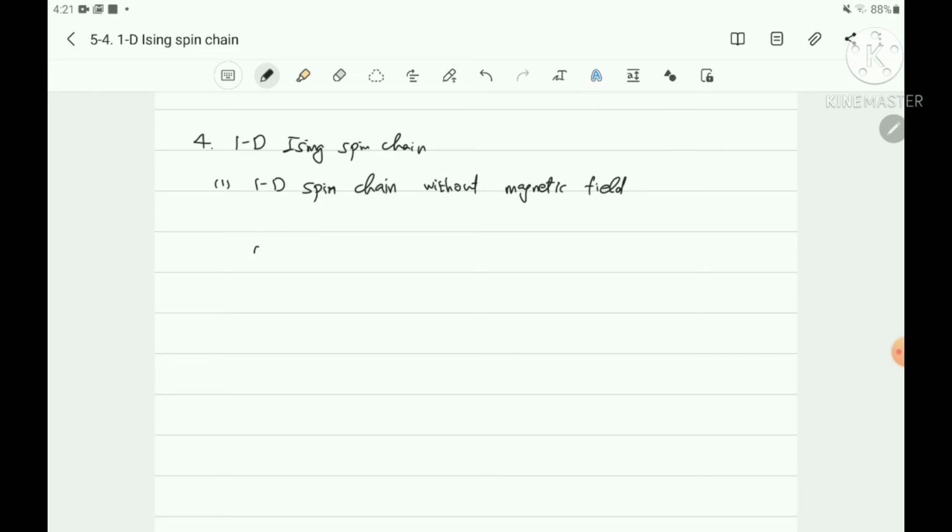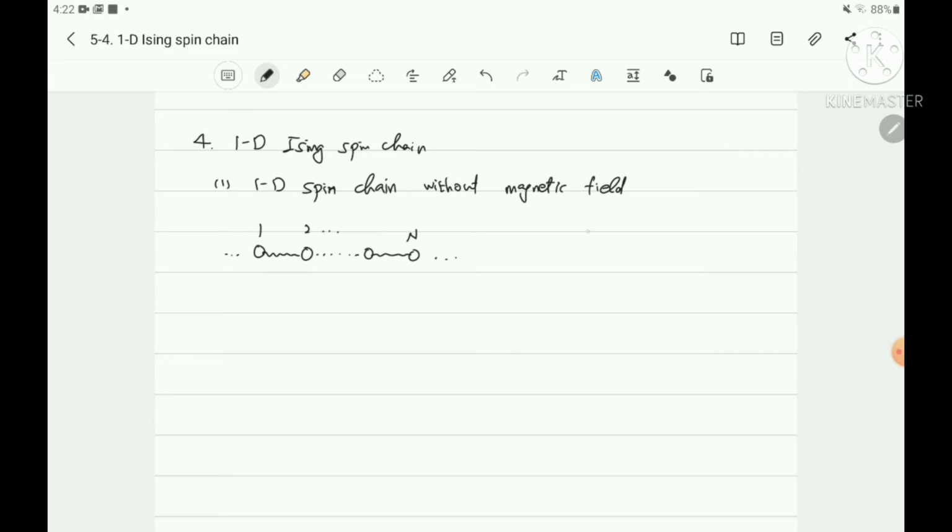In the one-dimensional spin chain, as with the phonon, there are n number of atoms connected in the one-dimensional case, but here we should consider the periodic boundary condition. For example, this is the first, second, and so many atoms, up to n atoms in the chain, and the 1 and n are identical with each other from the periodic boundary condition.